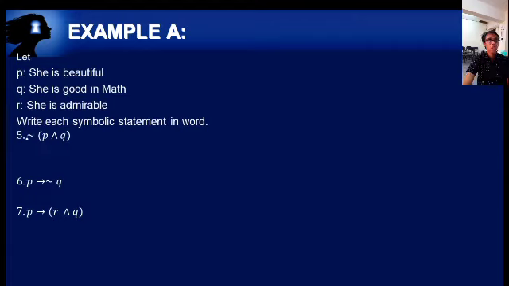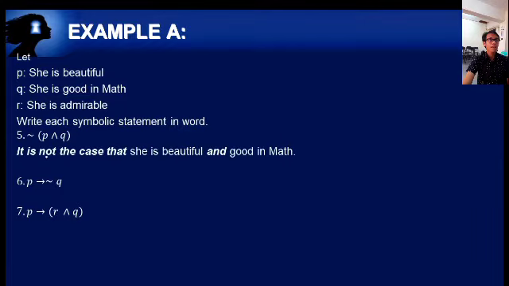Since may negation doon sa labas ng P and Q, it is not the case that she is beautiful, that is statement P, and good in math. Naka-close parenthesis ito.